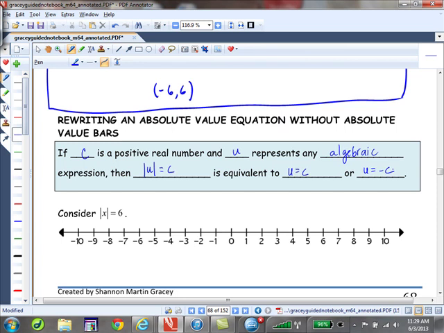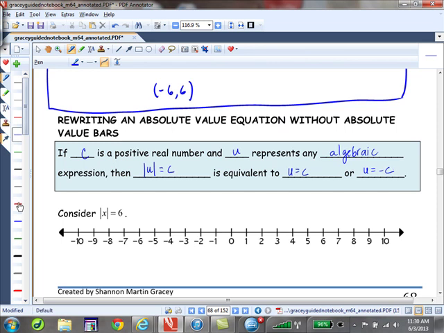So if you take a look at the absolute value of x equal to 6, if you recall, absolute value represents the distance from 0 on the number line. So what this equation is actually saying is which number or numbers are 6 units away from 0 on the number line.